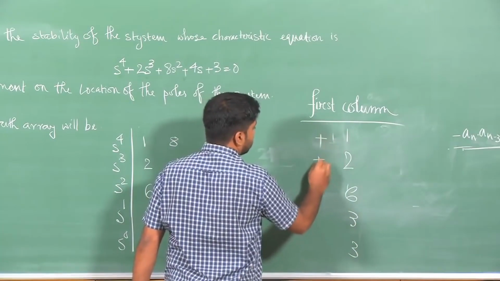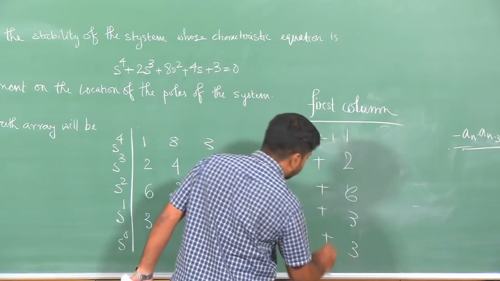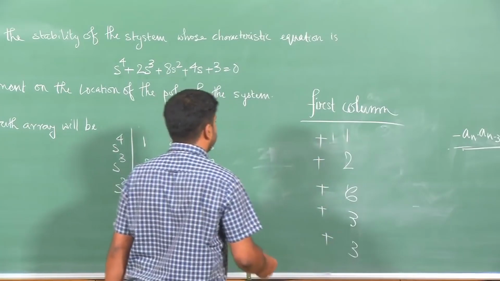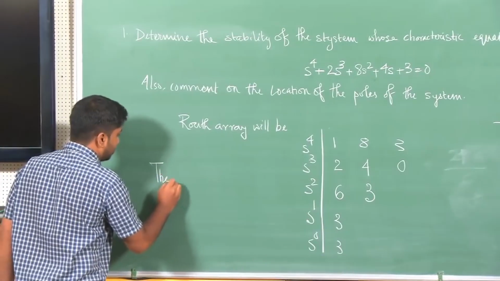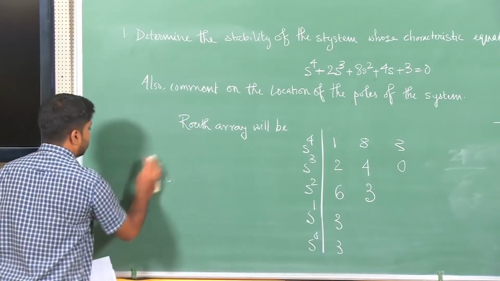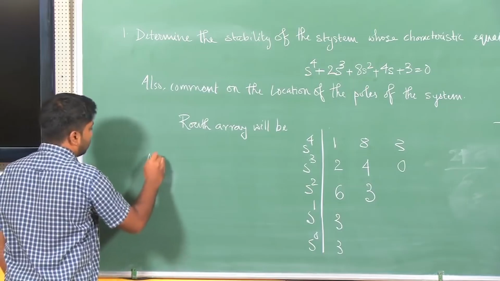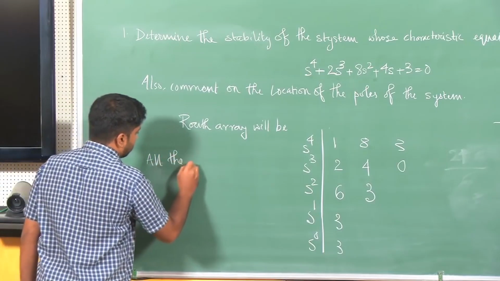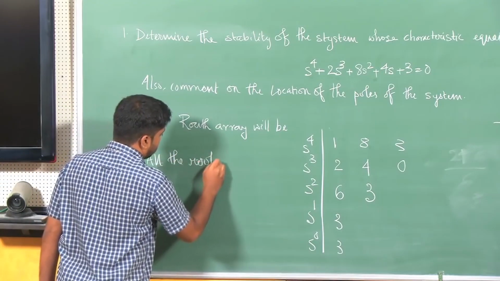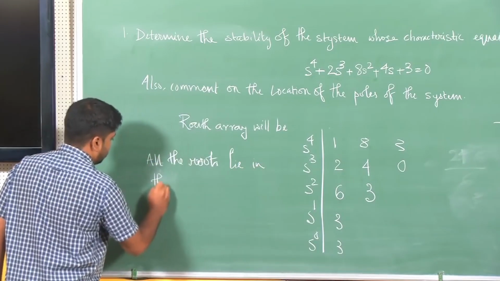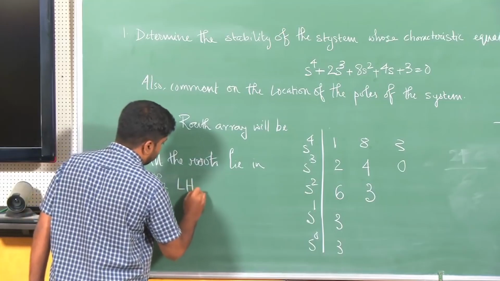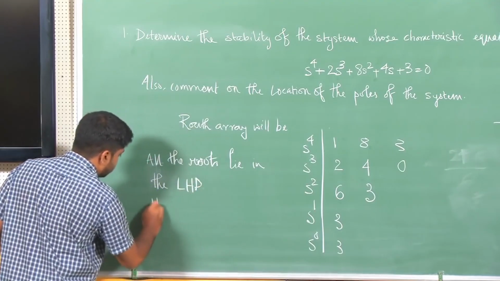So, all the signs are positive, so there is no sign change. So, we can say the system is stable. All the roots lie in the left hand plane, hence the system is stable.